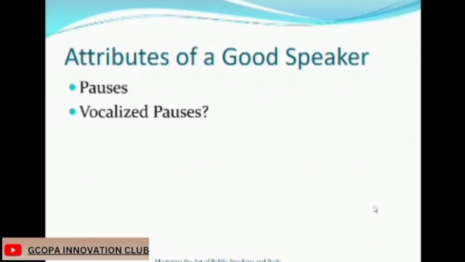Vocalized pauses. You must have heard some of your friends or maybe some strangers speaking and then saying, all, okay, yes, no, okay. So they try to use fillers. And these fillers do not add any meaning to your message.